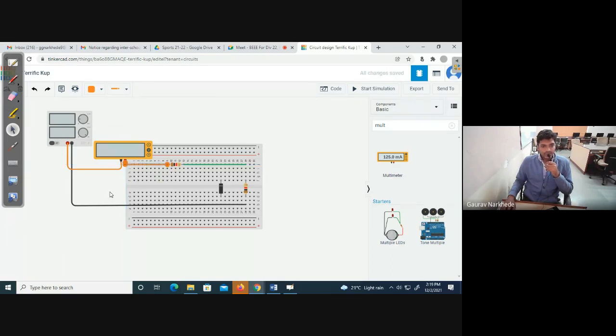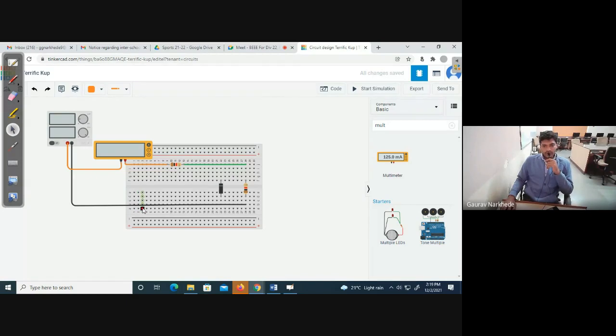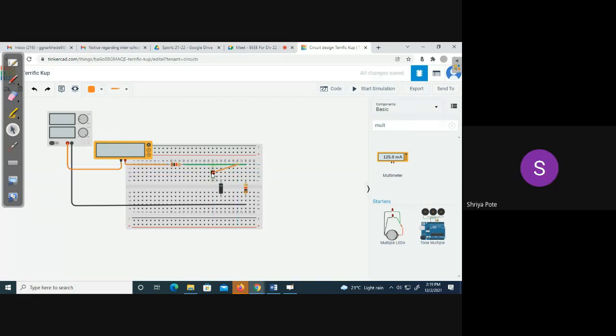Okay, so is it correct? This is the ammeter. I will just put it on amperage. It will measure amperage, correct? Yes, sir. Now what do you want? You want to measure IL, right? Correct? Yes, sir. Okay.